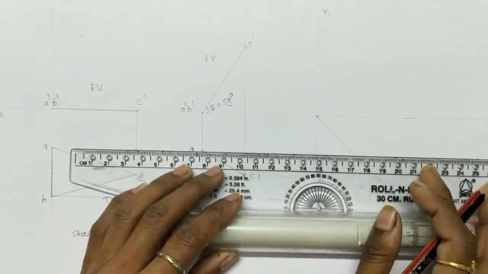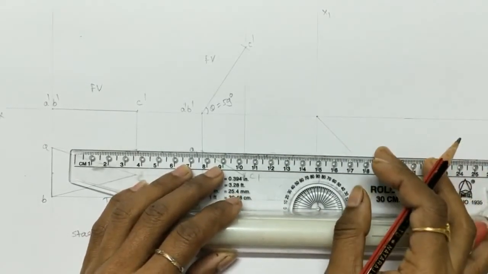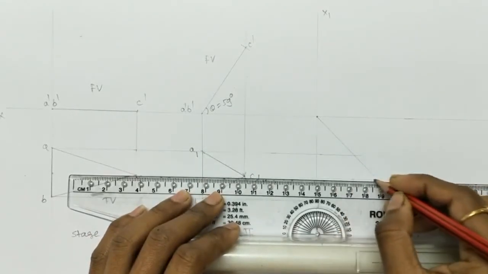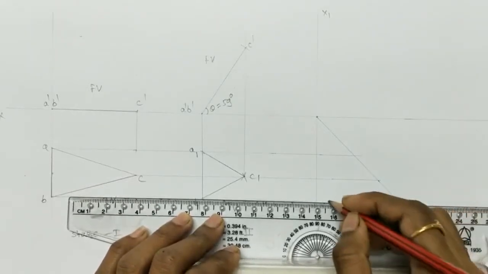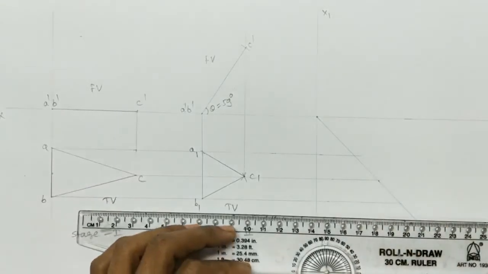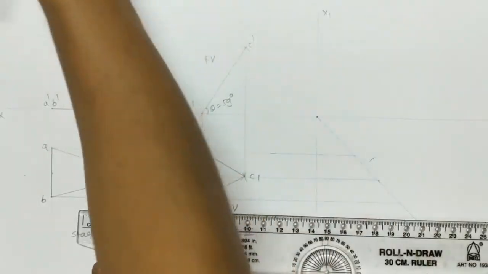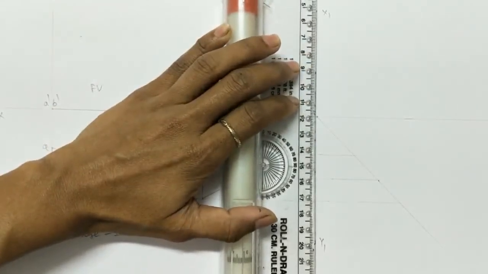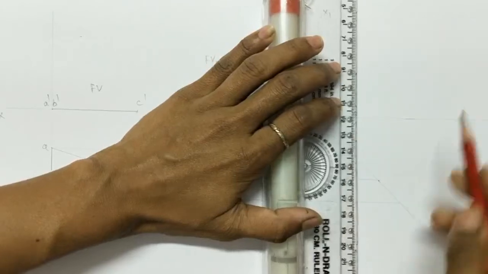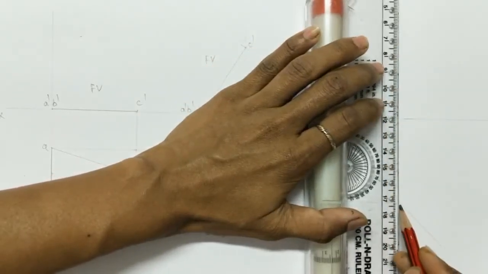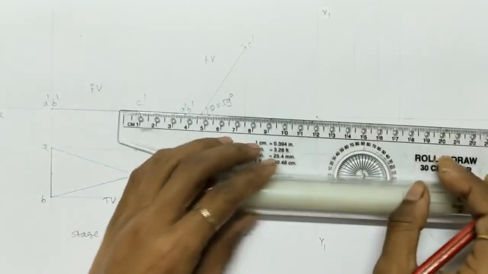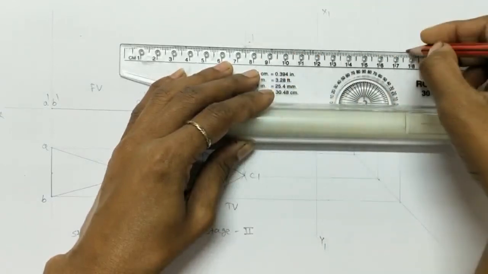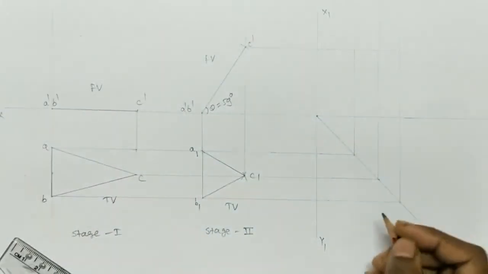Now take the projection of this top view up to the 45 degree line, like this. And now take the projection of this upward. Also take the projection of the front view in stage 2 in the horizontal direction. And now join the points.